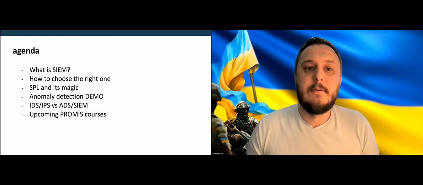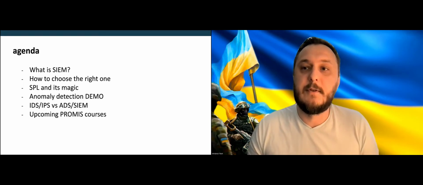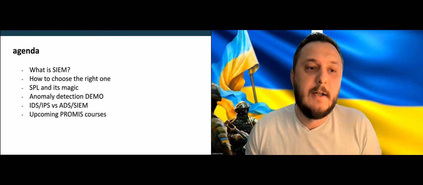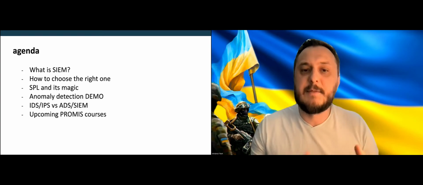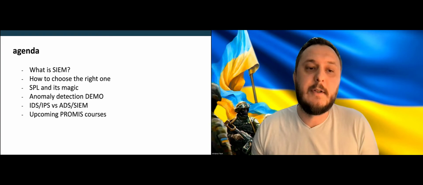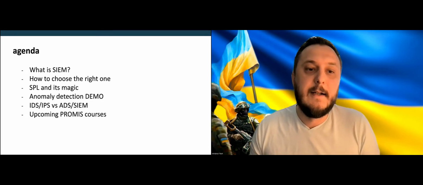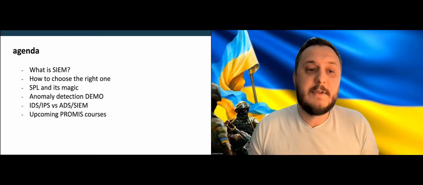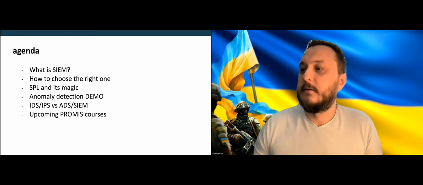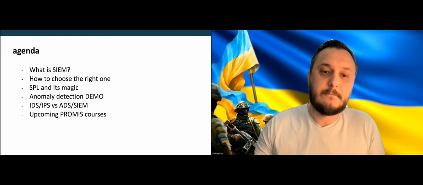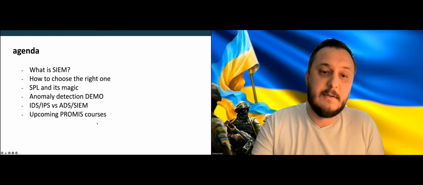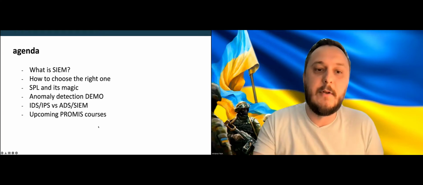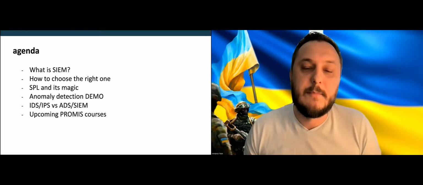Then we will unveil the magic of SPL, which is a specific query language within a SIEM, specifically Splunk. Then we will proceed to an actual example of anomaly detection using this SIEM system, Splunk. And then I will tell you a bit more about the upcoming PROMIS courses.